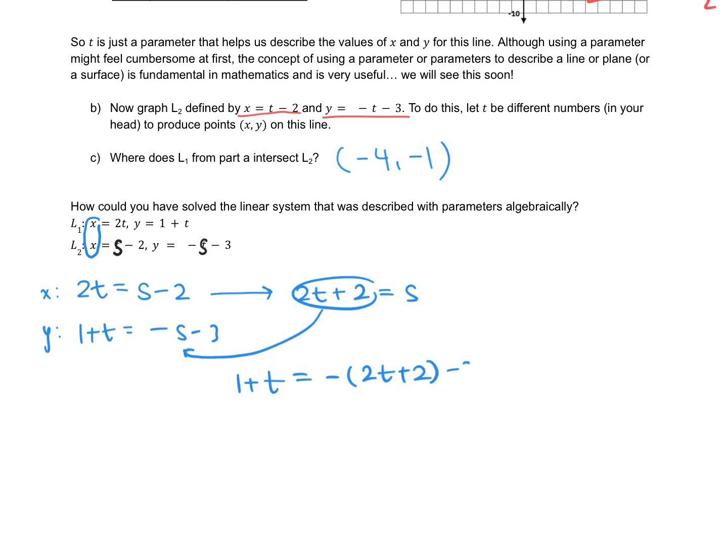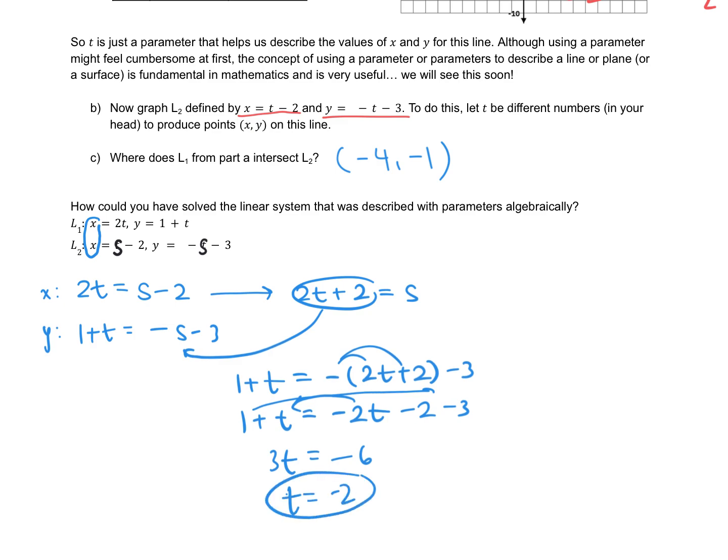Being careful with my brackets. I'll distribute the negative 1 in. And now I'm just going to bring the t's to one side, constants to the other. So I'll have 3 t's on the left and negative 6 on the right. Divide out the 3. And I get t equals negative 2.